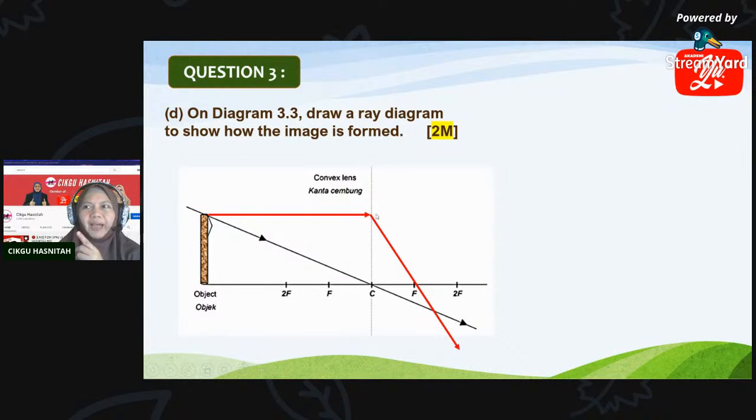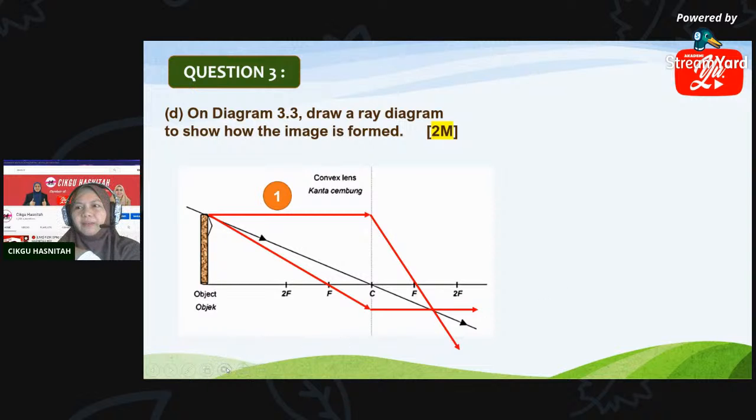Remember, this is a convex lens. Convex lens is a converging lens, meaning it must be converged. It must focus to a point after the lens. Okay, then, you can also draw the third ray. You can draw a ray from the object crossing the focal point at the front and it will refract parallel to the principal axis.